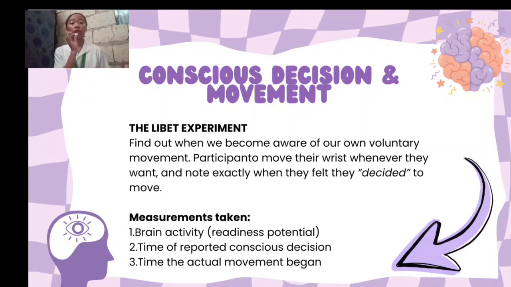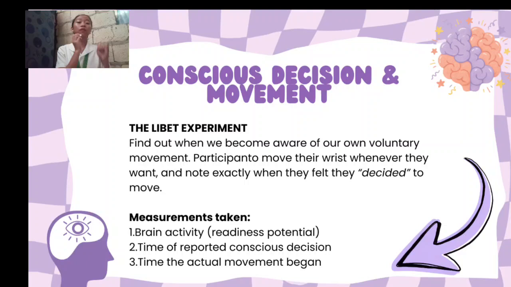The participants were asked to move their wrist whenever they wanted and to note exactly when they felt they decided to move. So they told the participants they could decide anytime to move their wrist, but to take note of when they became aware that they had decided to move it. There were three measurements taken during this experiment.